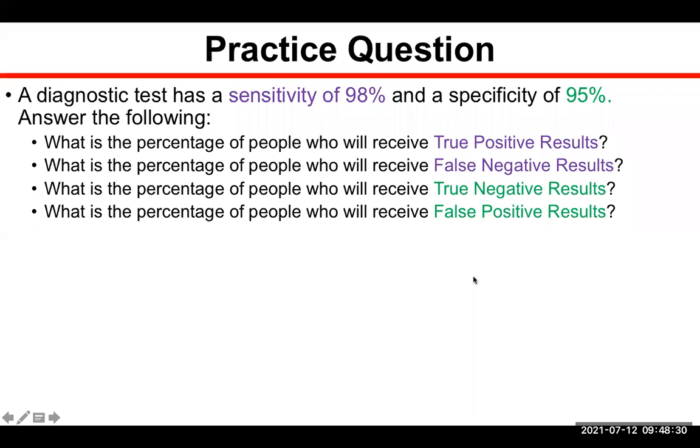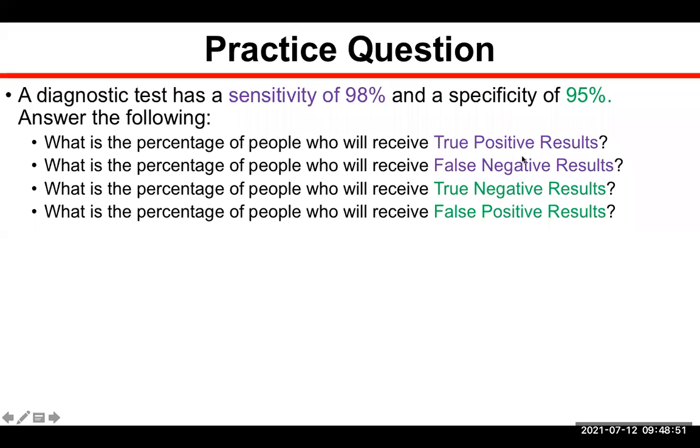All right, so going back to the term sensitivity, the sensitivity is for trying to test if a person's actually infected. And so when it comes to seeing how sensitive a test is, the term that's going to be most associated with it is true positive results.